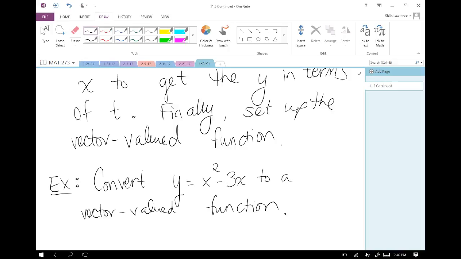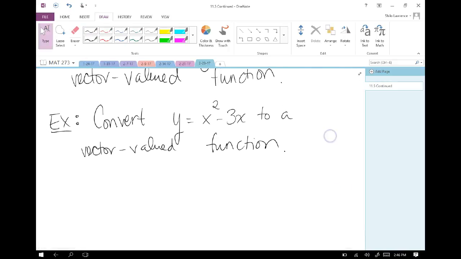So we're going to convert y equals x squared minus 3x to a vector valued function. So this is a parabola. The easiest thing to do, if they don't give you any stipulations, is say x equals t.